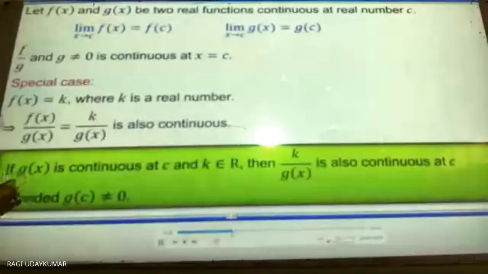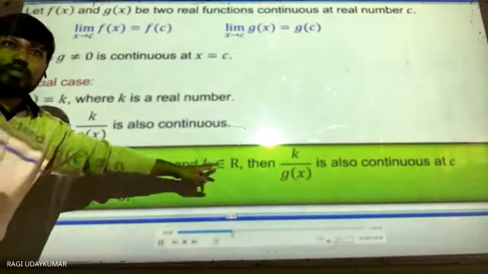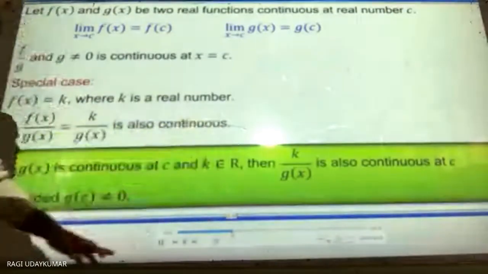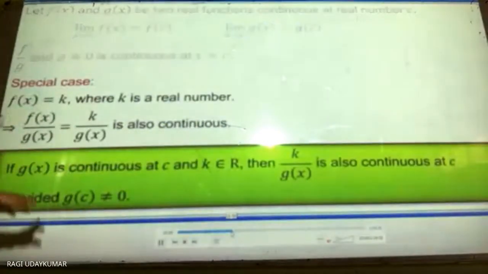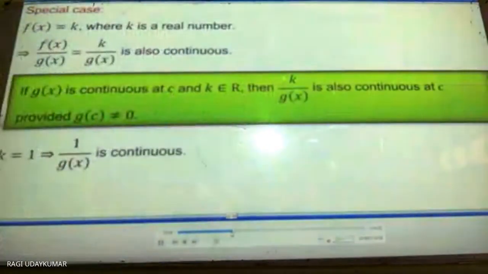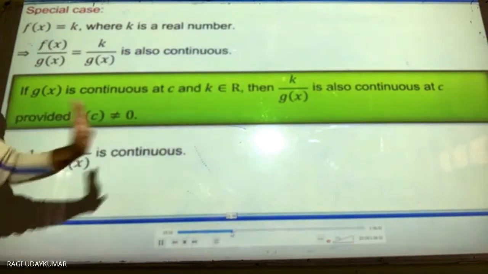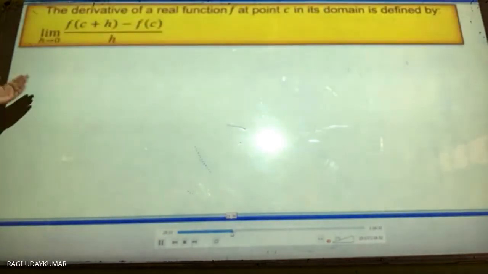Okay, so if g of x is continuous at c and k belongs to the real numbers, then k by g of x is also continuous at that particular point, provided that g of c should not be equal to 0. If k is equal to 1, then 1 by g of x is also continuous.